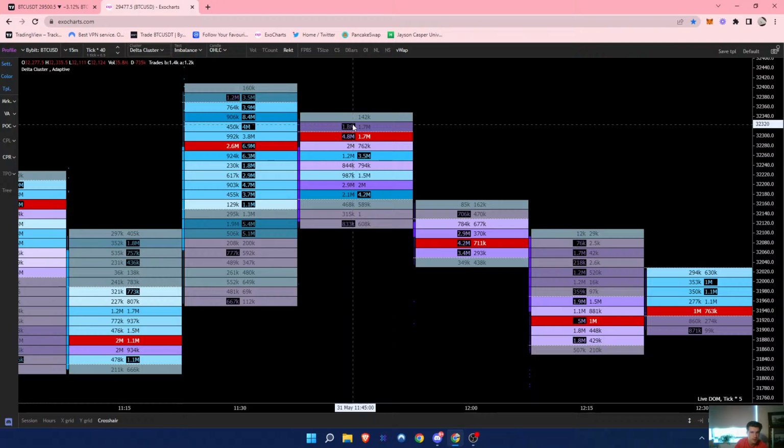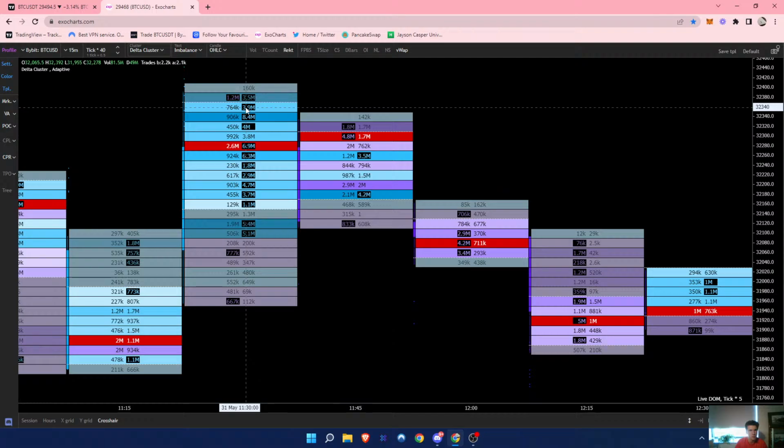As it's dumping down, you'll see a bunch of stacked shorts coming in. So you'll see a whole bunch of highlighted, large numbers on the left-hand side if you're looking for trapped longs, and vice versa when people are FOMOing short. I'll try to find some examples in this video, going over that. So far, so good.